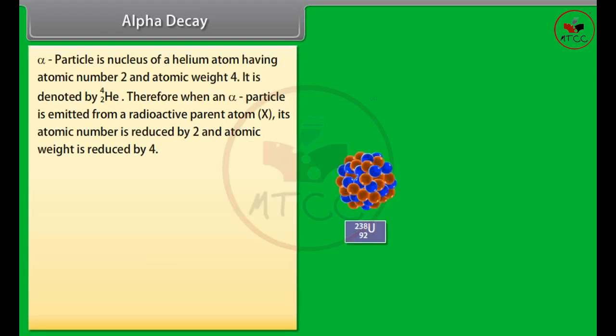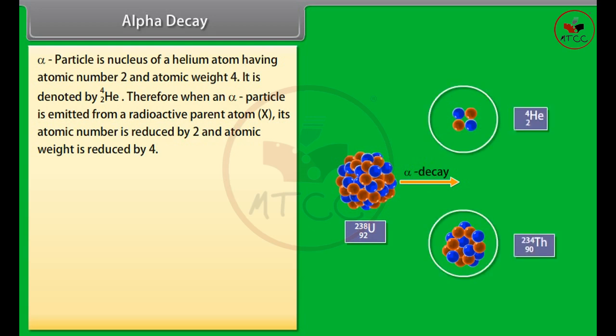Alpha decay. Alpha particle is nucleus of a helium atom having atomic number 2 and atomic weight 4. Therefore, when an alpha particle is emitted from a radioactive parent atom X, its atomic number is reduced by 2 and atomic weight is reduced by 4.